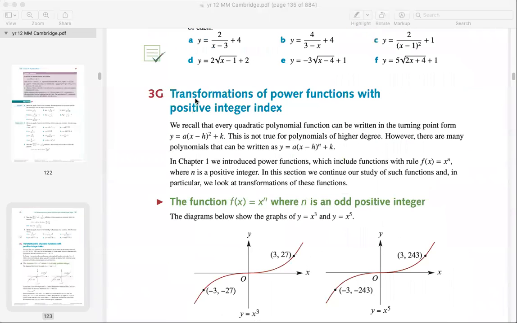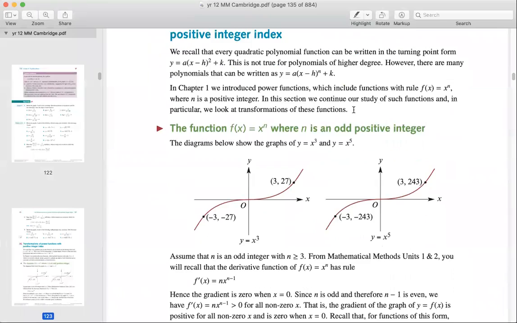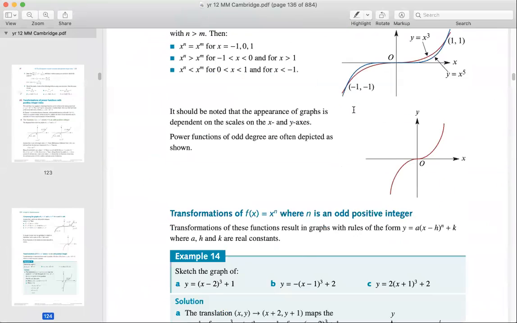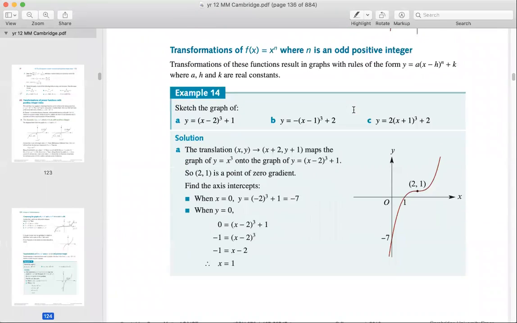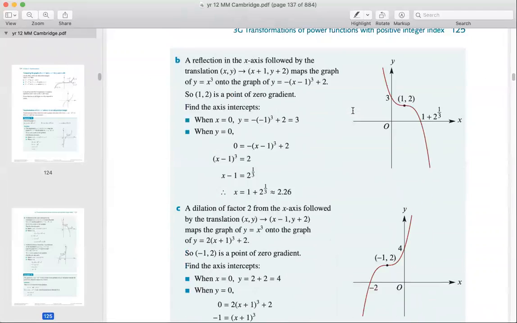Another topic is transformation of power functions with positive integer index. This one is again straightforward and not that important, because in the following chapter, chapter 4, we're going to discuss polynomials in more detail, not only power functions.